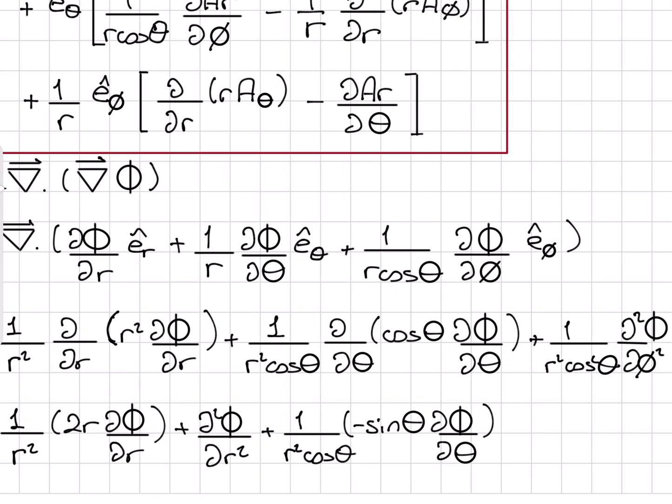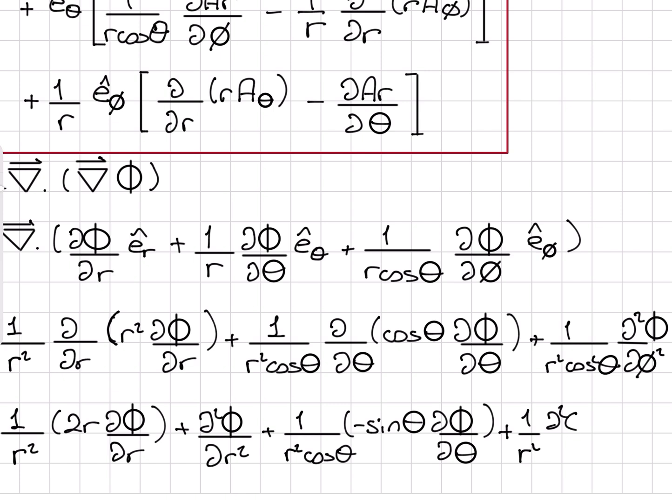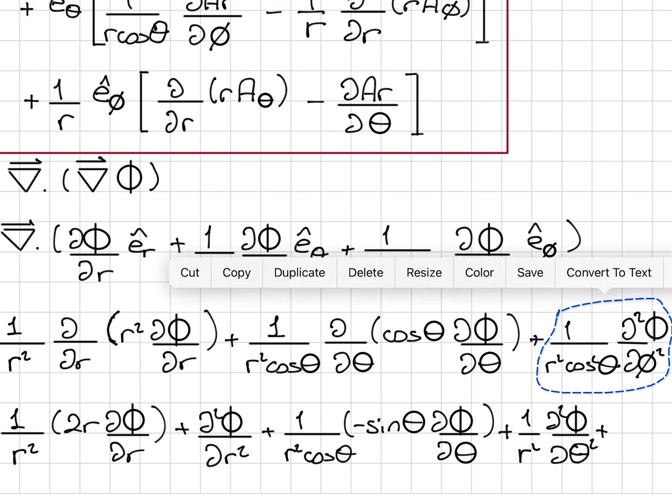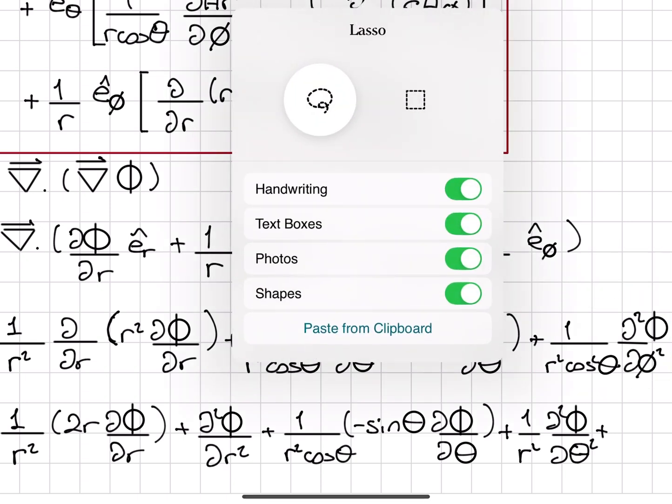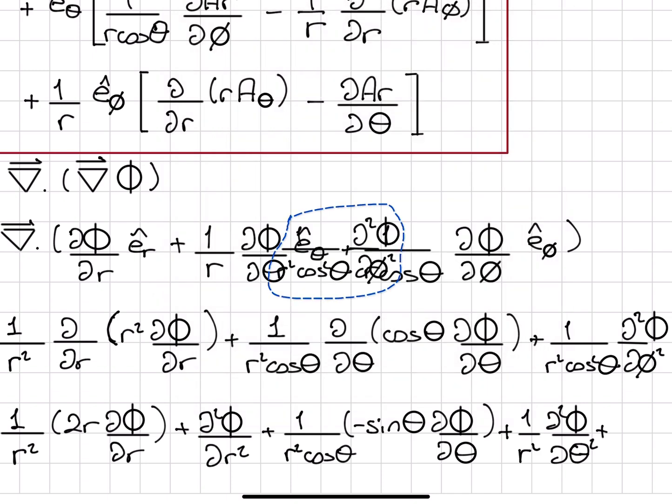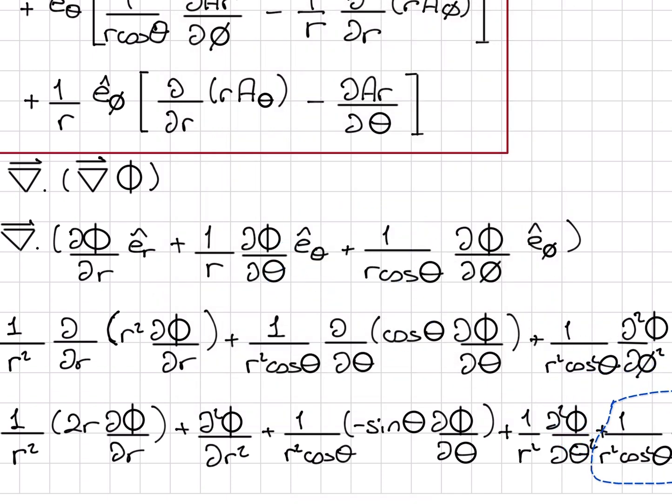I will be left with 1 over r squared del squared phi del theta squared. And then I have this last term here. I can just copy it. This is our last term.